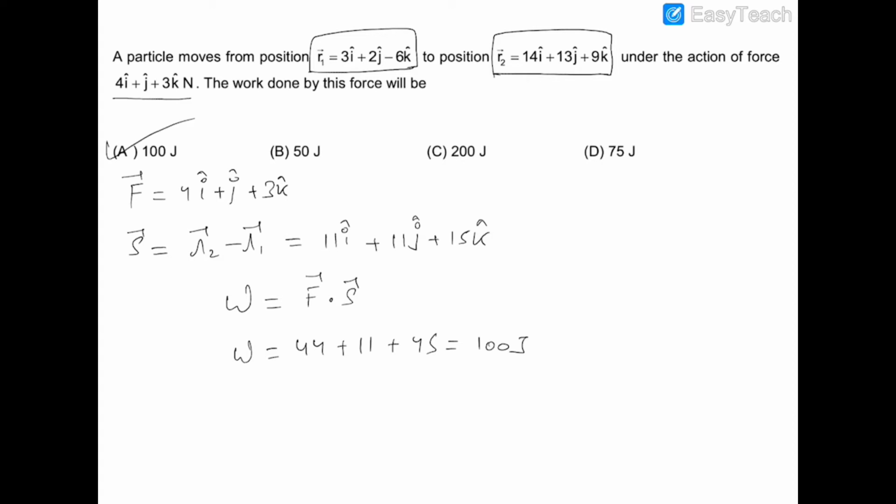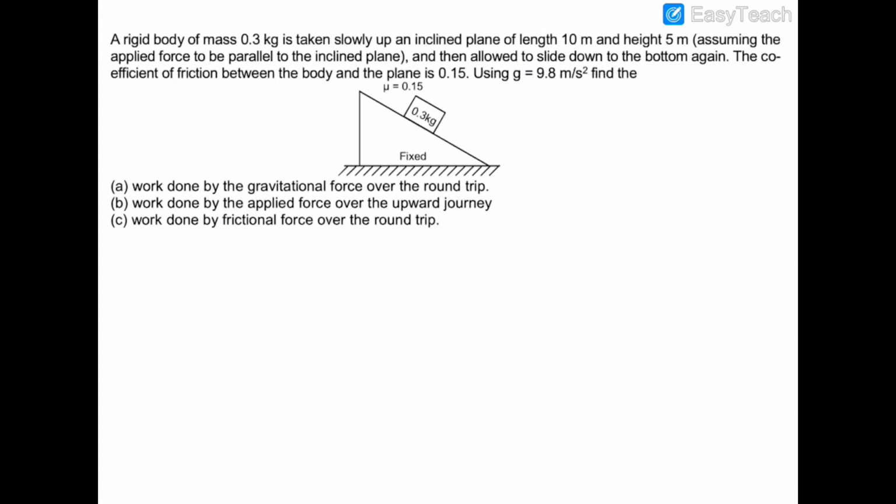Now we move on to the next question. In this question, there is a block of mass 0.3 kg, and we are sliding this block up the inclined plane slowly. So the length of the inclined plane is 10 meters, which is the hypotenuse, and the height of the inclined plane is 5 meters. So this is 5, and this length is 10.